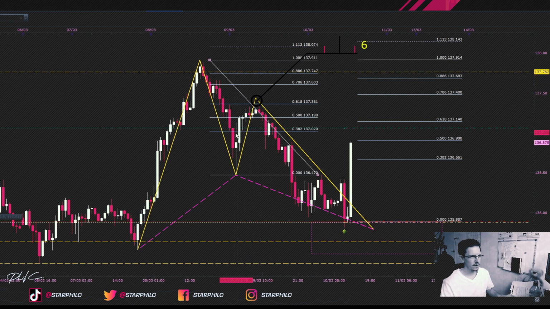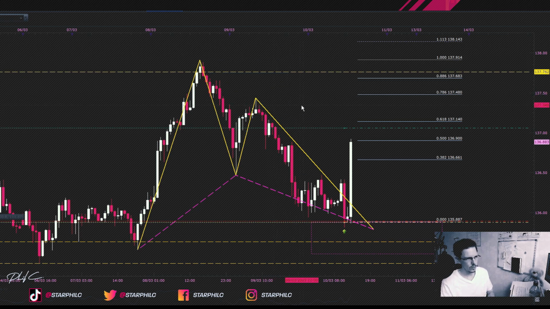Anywhere within the 382 to these highs right here is a potential back pattern, right? The only thing we have to look out for here is if price action pushes above our X point right here, then the pattern is no longer valid. So that's what I'm looking for.